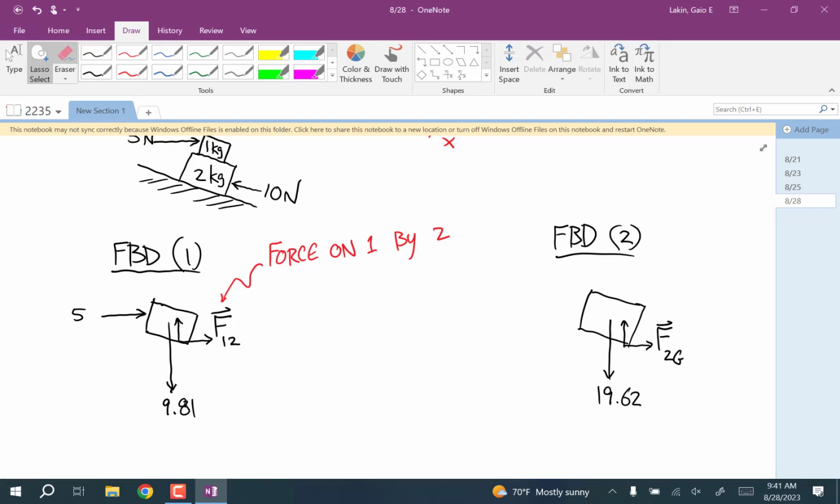Let me move this, I've got to fit that 10 in there. There's the 10 Newton force. And then there's a friction contact applied by the 1 kilogram. We can write that as the force on the 2 by the 1.